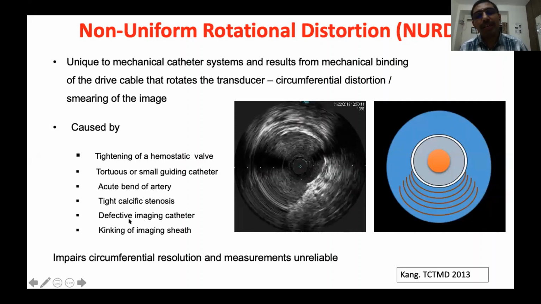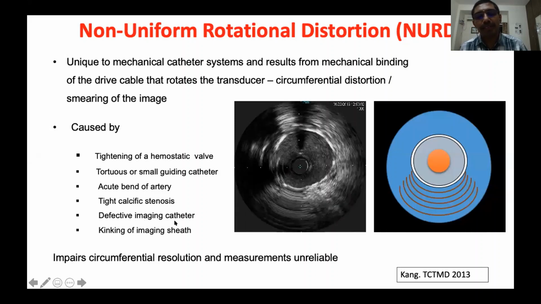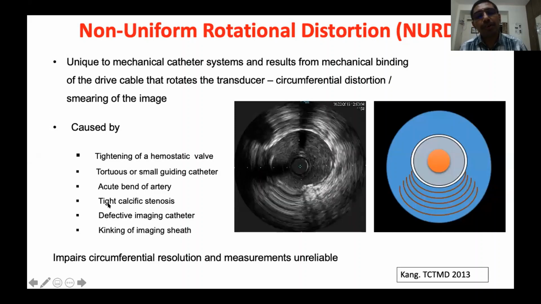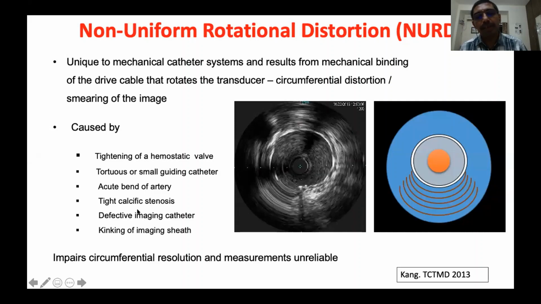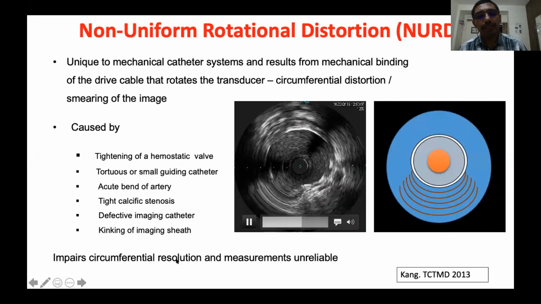Most commonly in our setup, it results from a defective imaging catheter because of repeated use or kinking of the imaging sheath. Few of these are correctable with your techniques and few are not. All of this results in non-uniform rotational distortion.